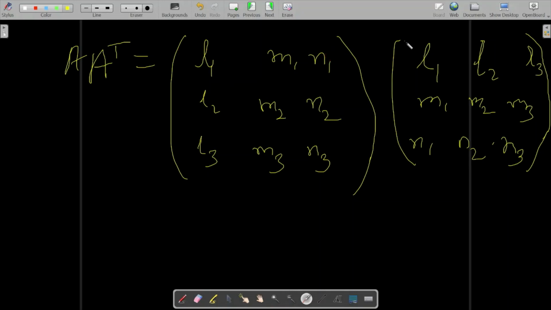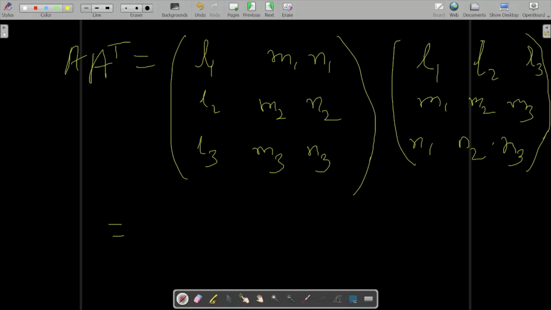So this will be multiplied by this and this. Then this will be multiplied by this, this and this. Then this last row will be multiplied by column number 1, column number 2, column number 3. So like that.